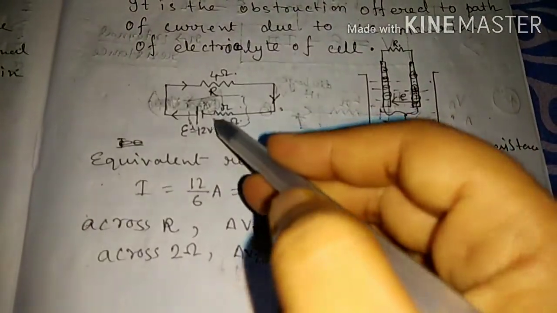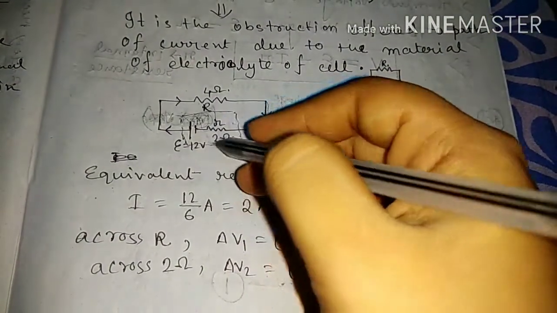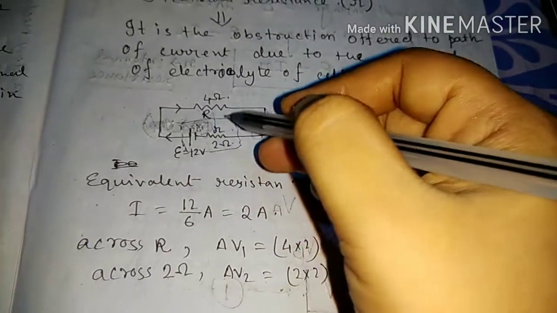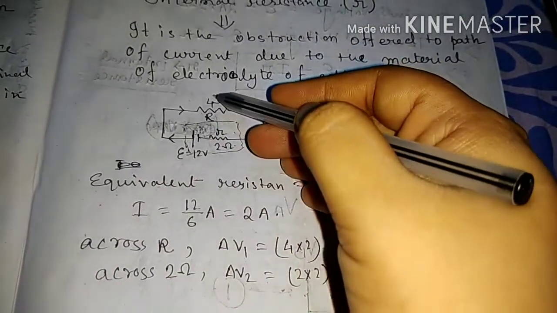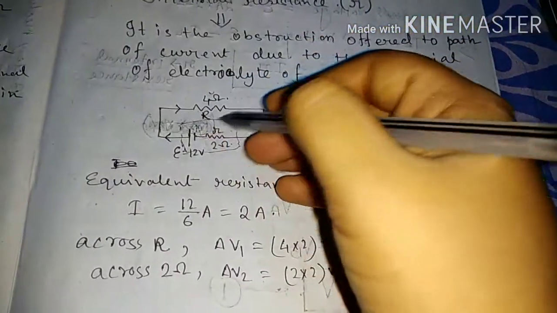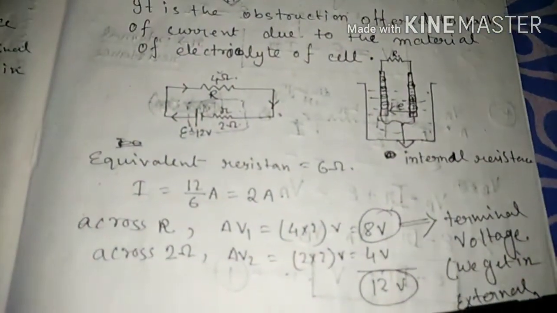So this 4 volt is lost, dropped against the internal resistance. That's why in the external circuit we get a voltage less than the EMF.